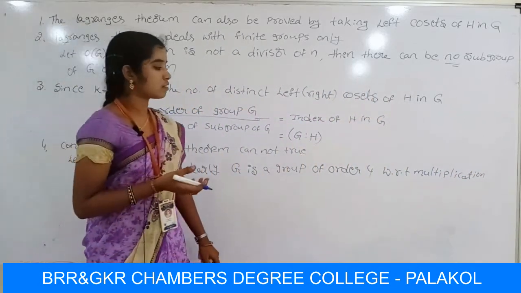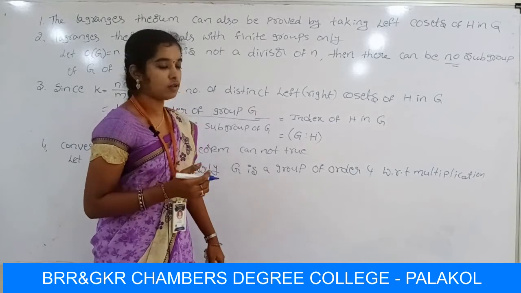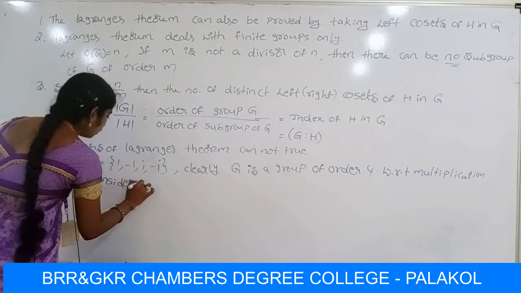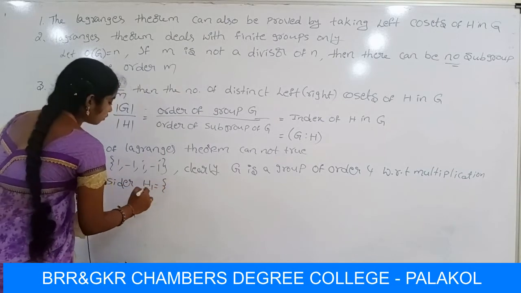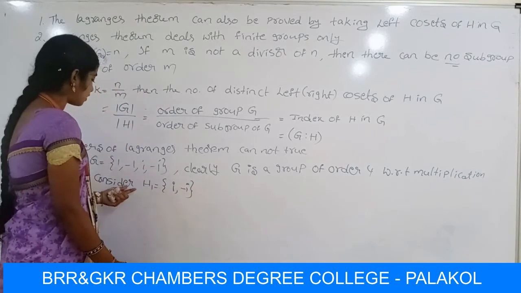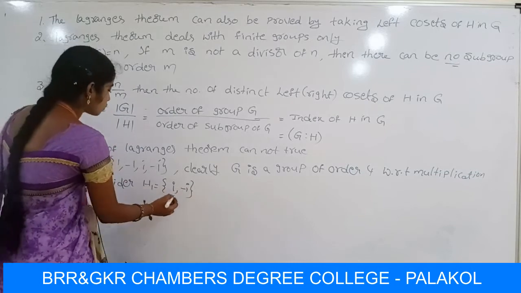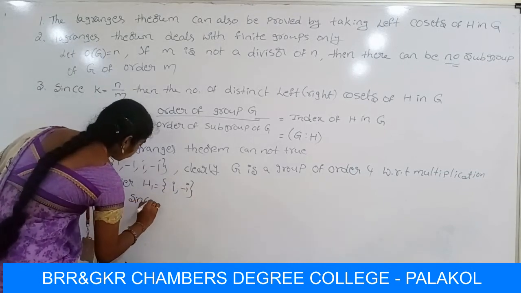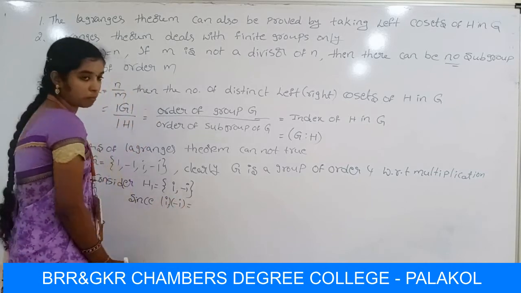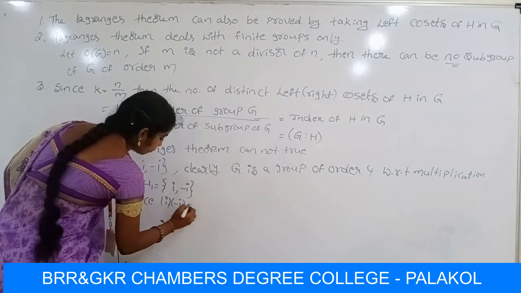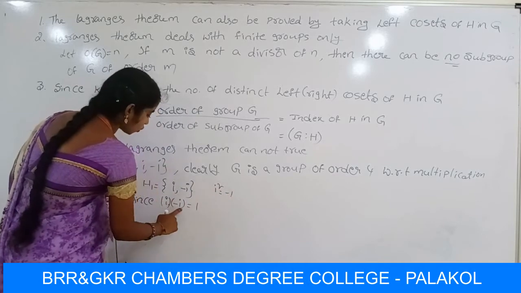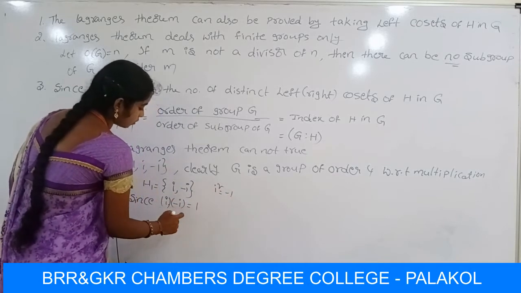Since 2 is a divisor of 4, consider an example, denoted by H1. Consider H1 equal to {i, -i}. Since i into -i, minus into minus gives plus, so 1.